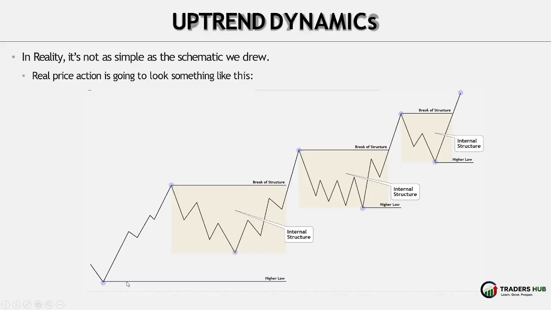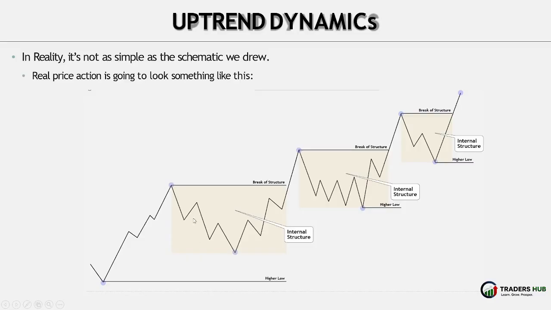An external structure, in this sense, will be a structure from a higher time frame. For example, this whole leg can be a structure of 4 hour, and we are going to see that moving forward.